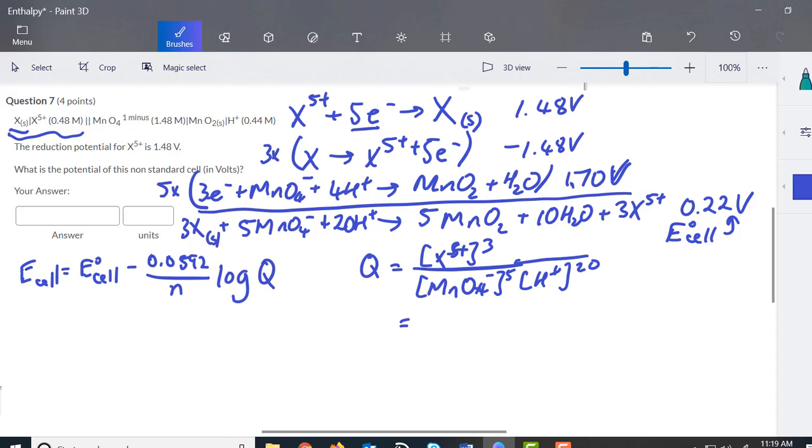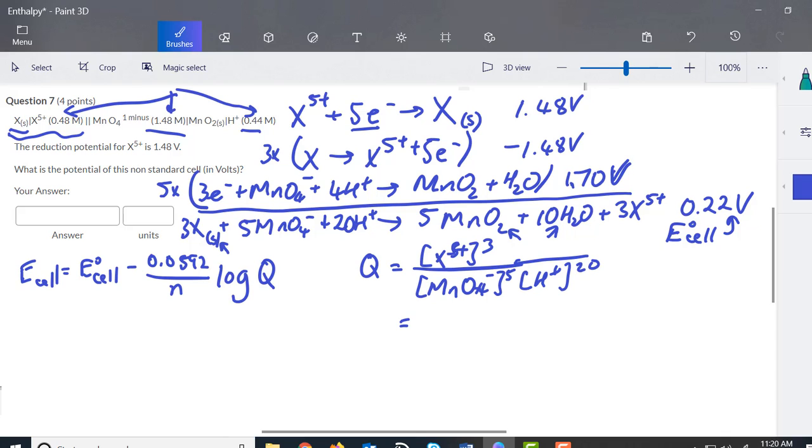We substitute in those values, and the values I'm talking about are the ones that were given in the actual problem here, and these are the actual concentrations of these species in solution. You'll notice that when we do the Q value, we don't include solids and we don't include water, and that's a solid as well. So all we're interested in are the things that have concentrations in solution, and not coincidentally, those are the ones that actually have concentrations listed in the problem.